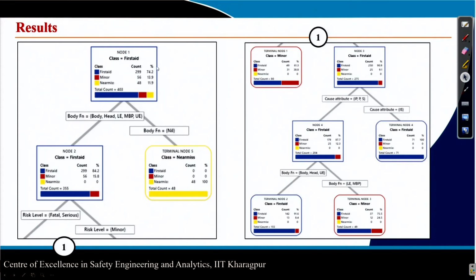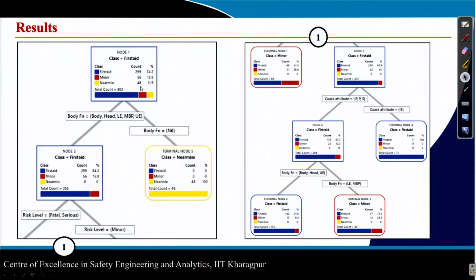So in the root node, the classes first aid, minor and near miss, the percentages are given. First aid 299, minor 56 and near miss 48. Total is basically 403. This is node 1, not root node.